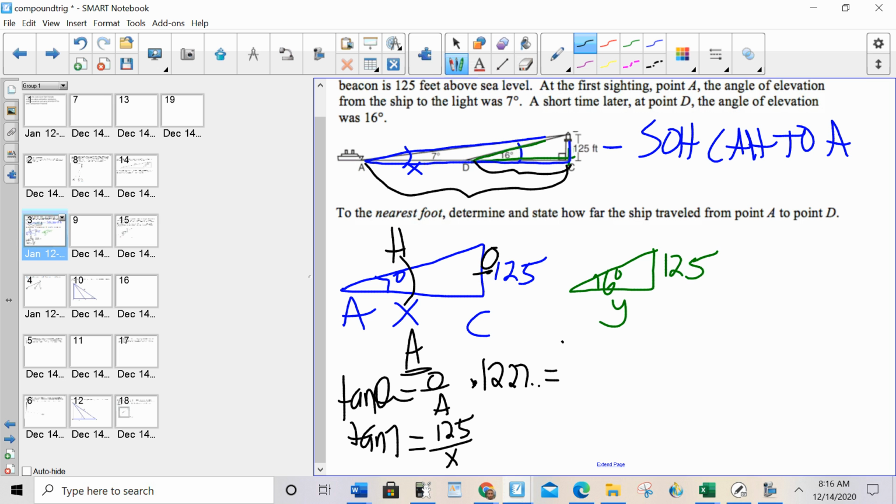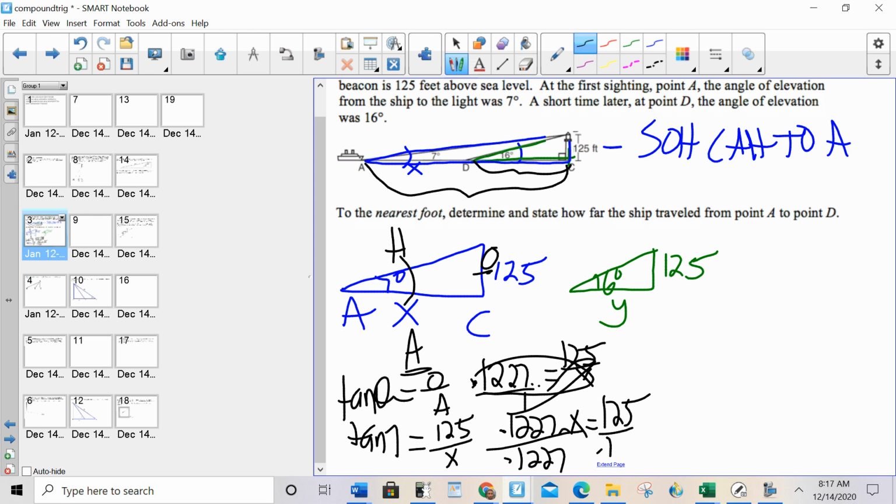0.1227... equals 125 over x. I cross multiply and solve. 0.1227x equals 125. Divide by 0.1227. And I'm not just dividing by 0.1227. I have stuff after that.